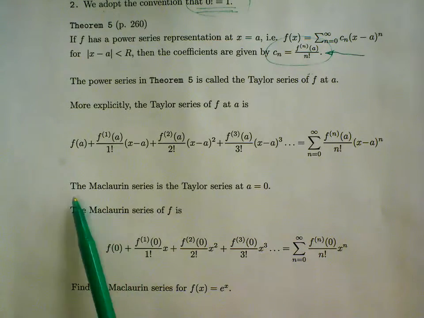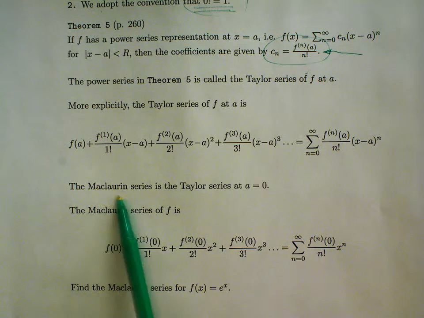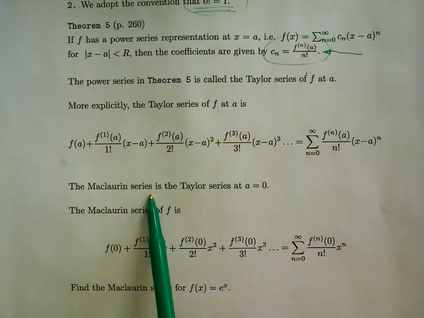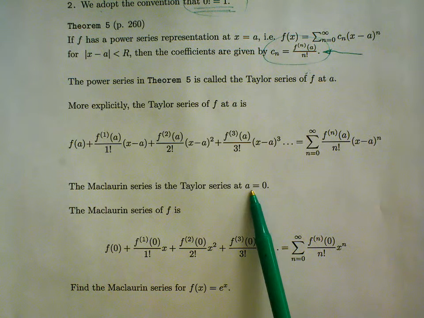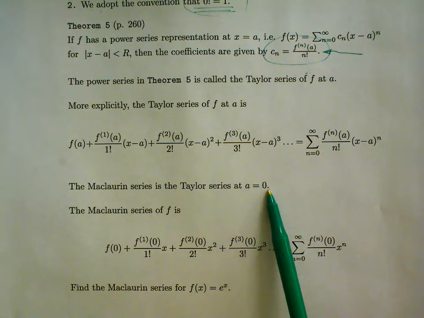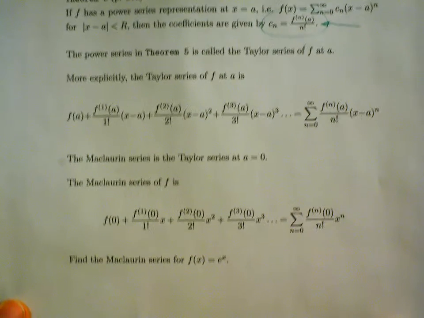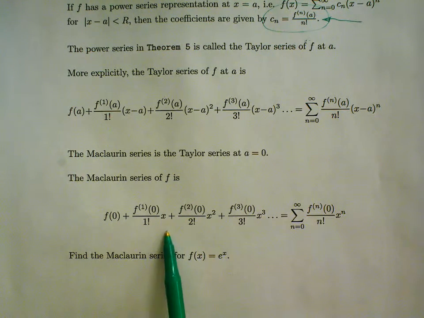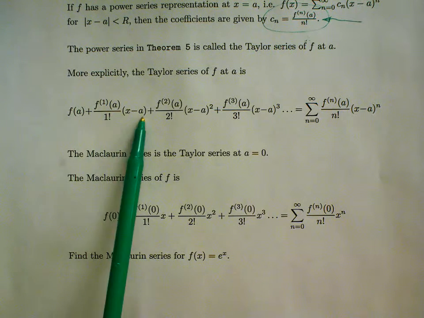Okay, another series is called the Maclaurin series. The Maclaurin series is just the Taylor series when a is 0. So the notation for the Maclaurin series, all we do is go up to the Taylor series and replace every a with 0.